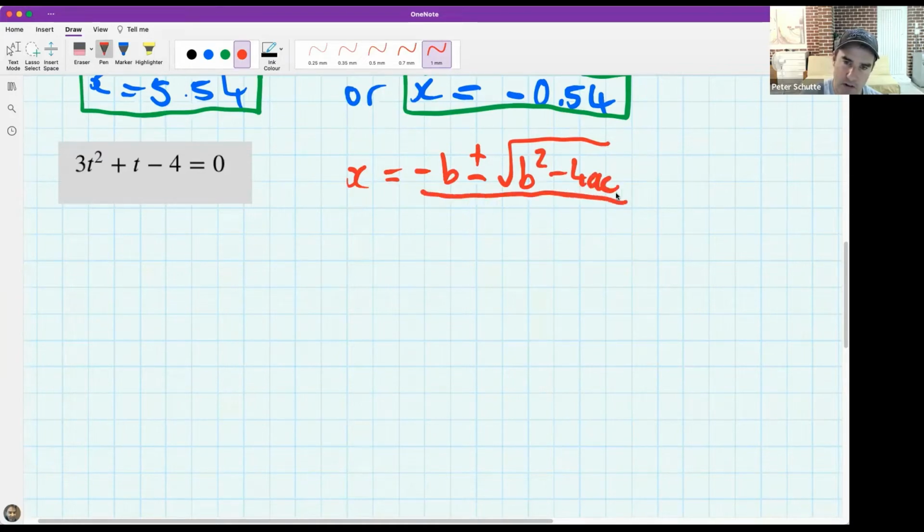This is on your formula sheet. And what I often start by doing is just working out what delta is. Actually, you know what? I would start by writing down what A is, what B is, and what C is. So start by writing out those.